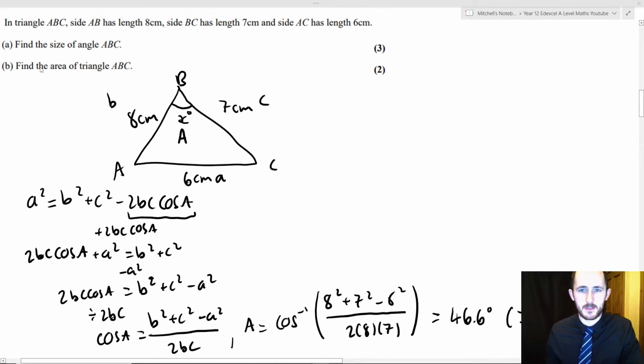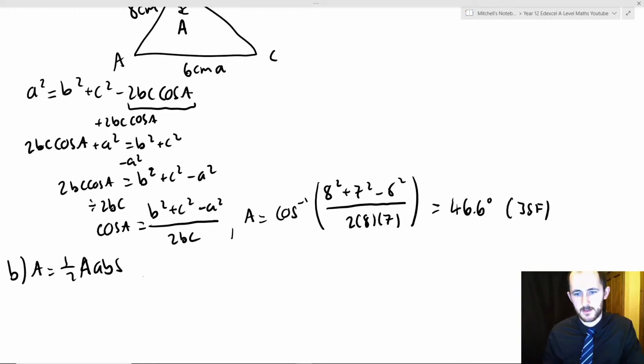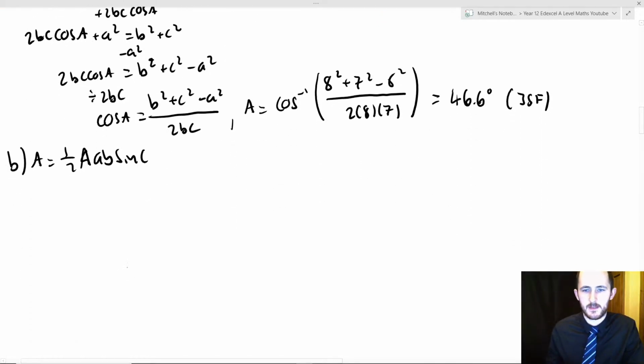And lastly, all you need to do is find the area of the triangle. So again, all you need for the area of a triangle is a half AB sine C. So all you need is 2 sides and the angle between them, which we now have because we worked out the angle between 8 and 7. So the area is a half.